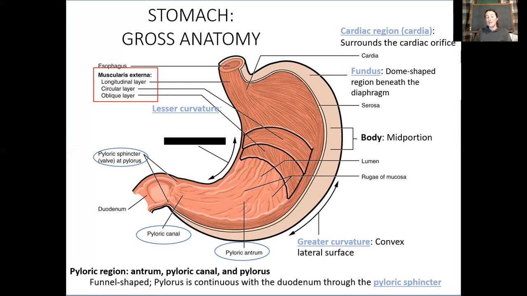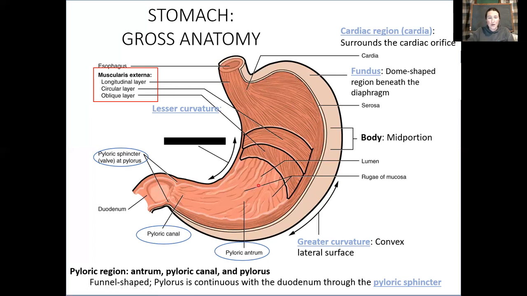While the stomach is holding this extra food and stomach acid, it is mixing it. So this is going to promote mechanical digestion, further breaking up of these larger molecules, but also more mixing, more digesting is happening within the stomach. So there is a longitudinal and a circular layer of the muscularis externa and also an oblique layer.